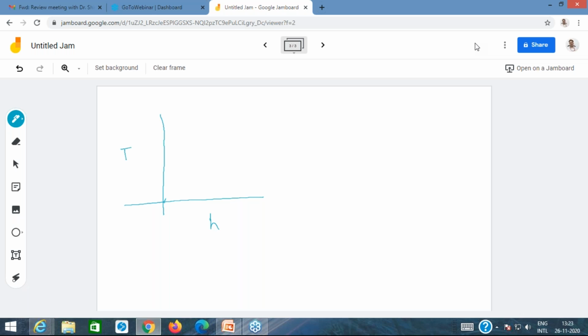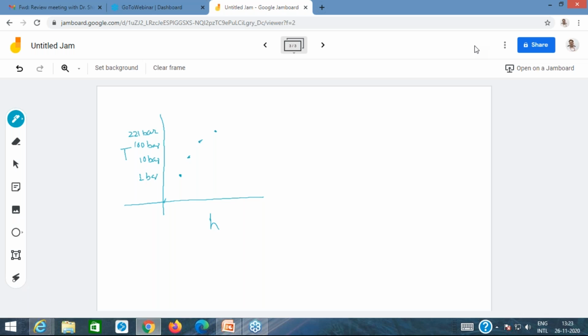Suppose this was the Hf value earlier, now it becomes this, now it becomes this, and finally this. So at 221 bar, this is at, let us say, 100 bar, let us say this is at 10 bar, and let us say this is at 1 bar.